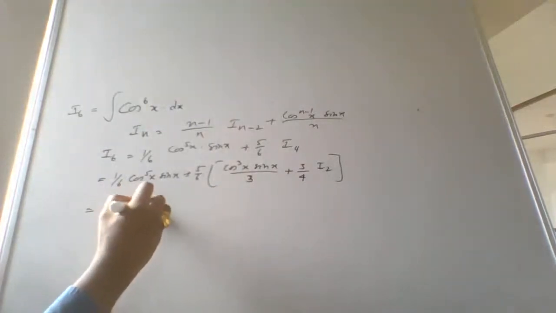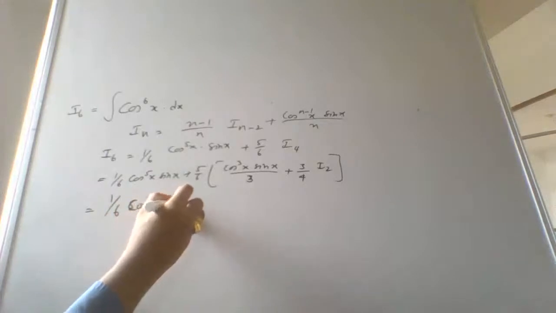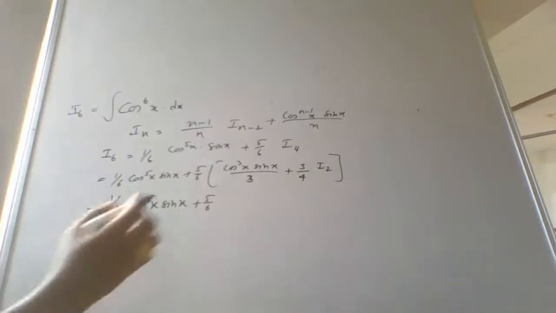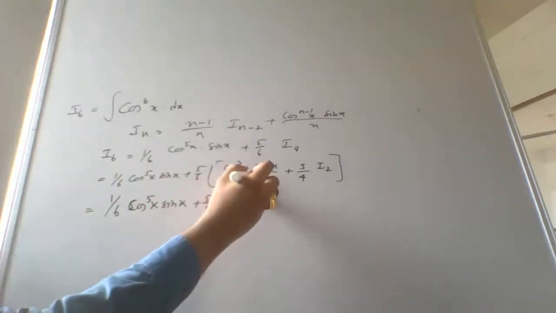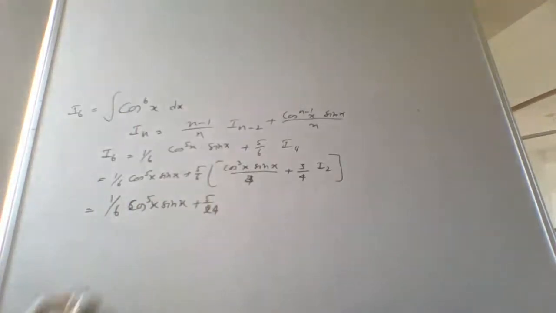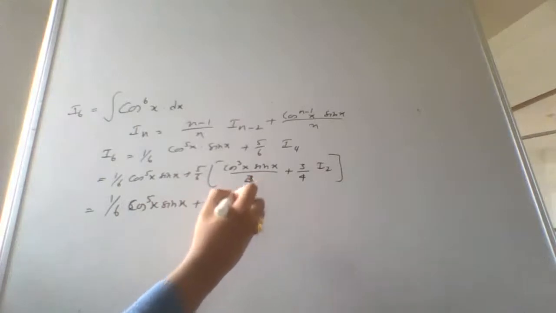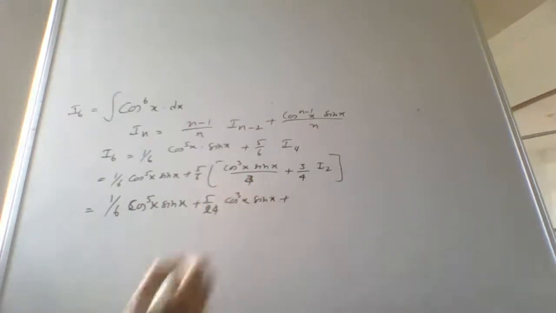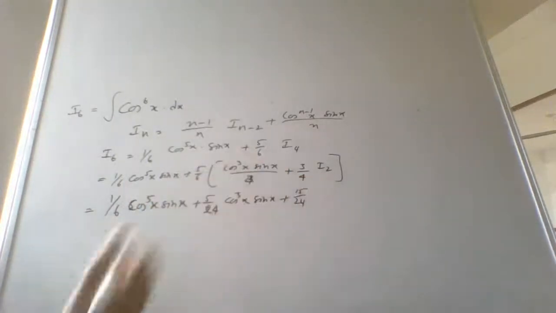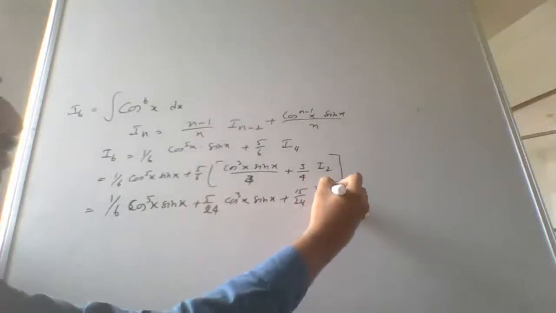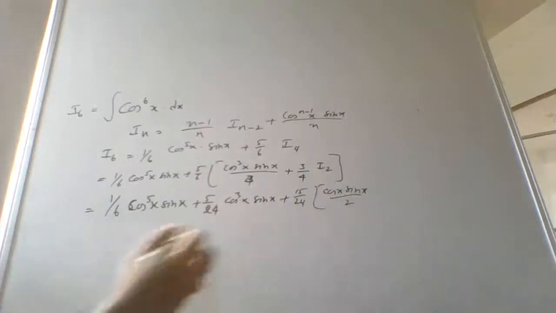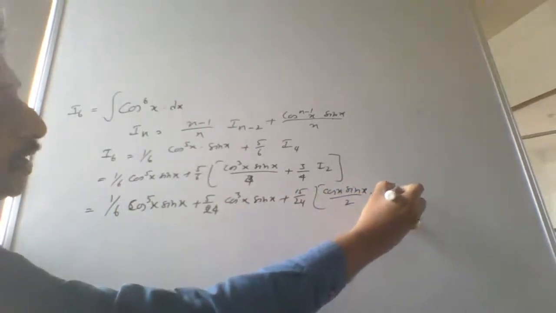Again, 1 by 6 cos power 5x sin x plus 5 by 6, n is 4, so if I put this as 24, this is cos cube x sin x, and this is 15 by 24. I2 would be cos x sin x divided by 2, and plus 1 by 2 I naught.